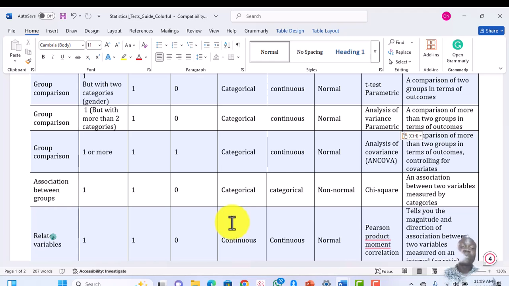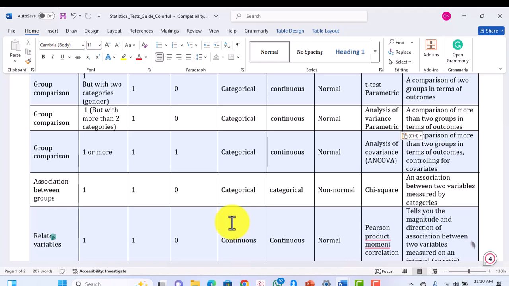For example, let me put it like this: student ethnicity and their parents' socioeconomic status.